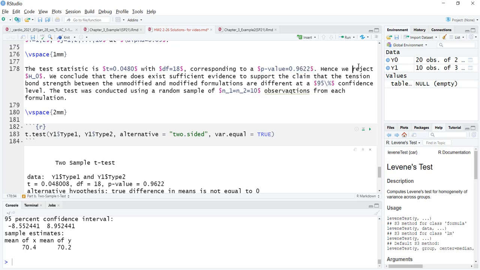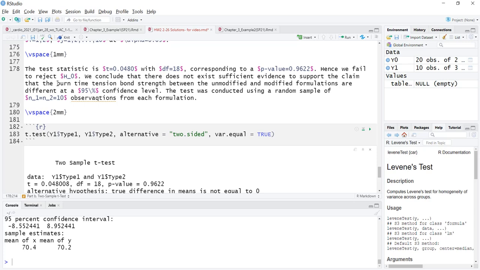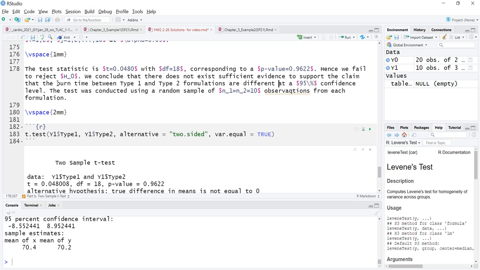Hence, now we fail to reject H naught. We conclude that there does not exist sufficient evidence to support the claim that now the burn time, okay, between type 1 and type 2 formulations are different at a 95% confidence level.